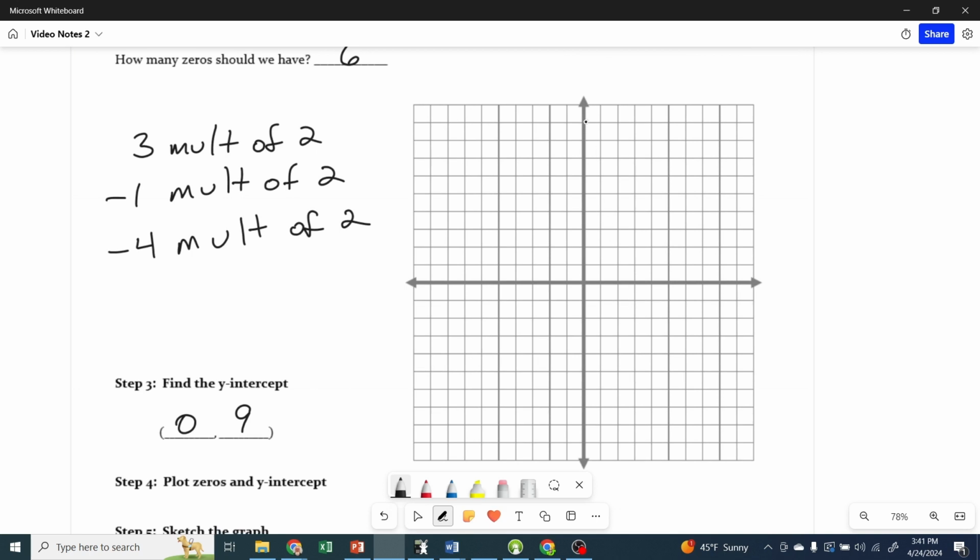I don't want that color. I like my blue color for this. So here's our y-intercept there. So we have an x-intercept at 3, another one at -1, and another one at -4.